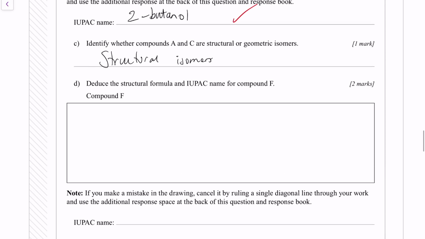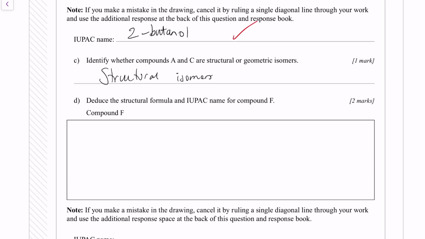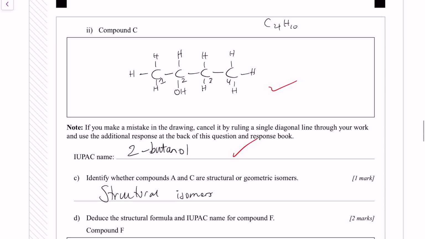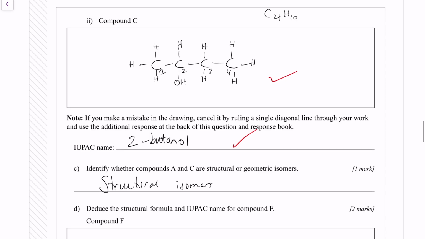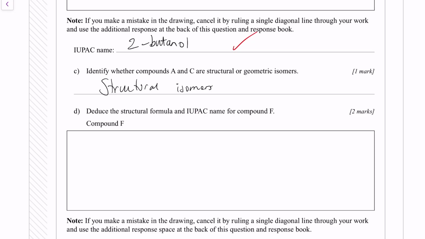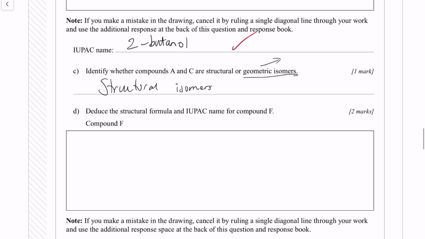Okay, and the reason for that is because structural isomers are really about shifting the structure, or the position of things in terms of which carbon they're on. But with geometric isomers, they're talking about which side they are on.